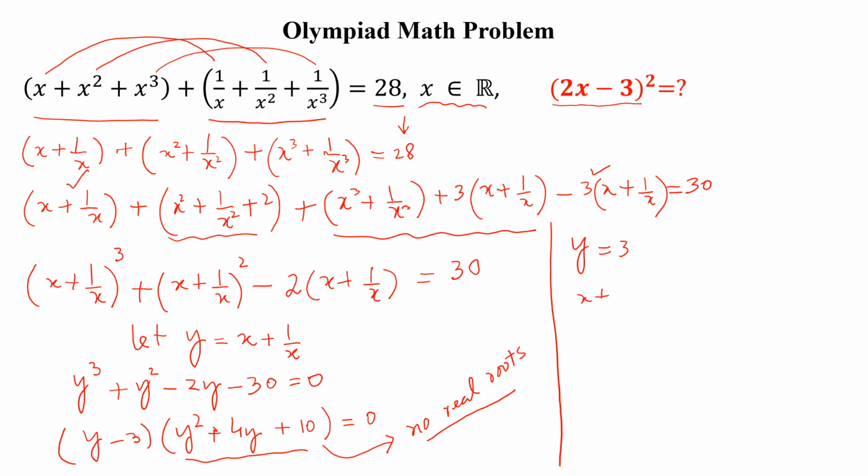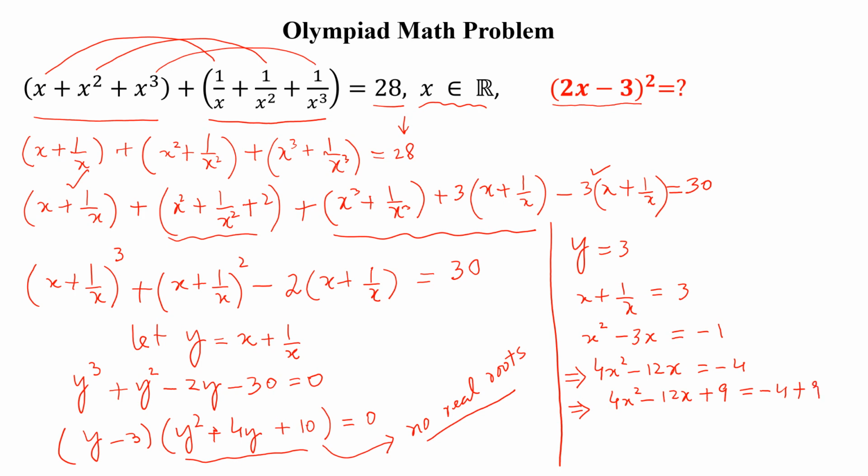So this means x plus 1 over x equal to 3, and we can write this as x square minus 3x is equal to minus 1. And if we multiply this both sides by 4, so 4x square minus 12x is equal to minus 4, and we can write this as 4x square minus 12x plus 3 square, so 9, and here we also add minus 4 plus 9.